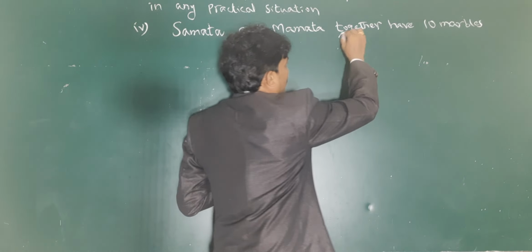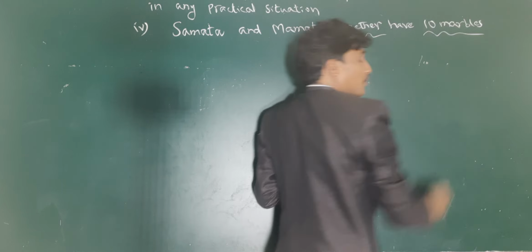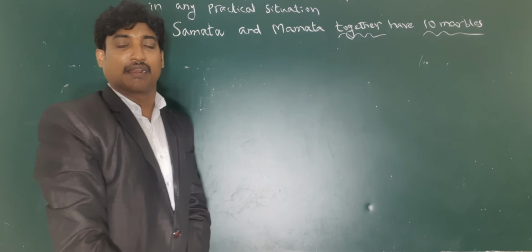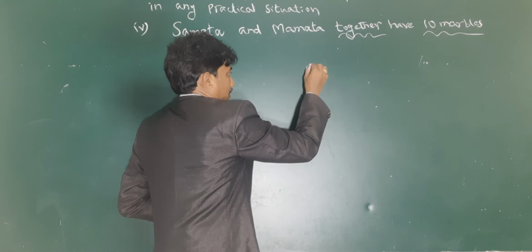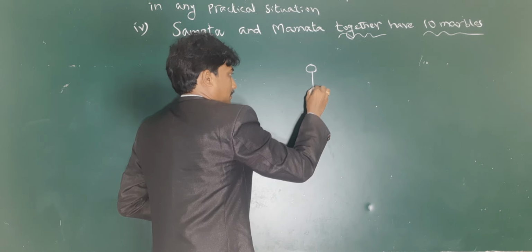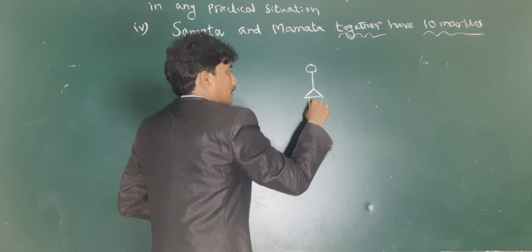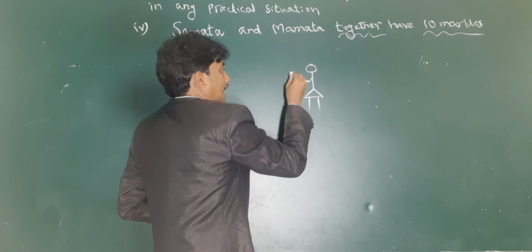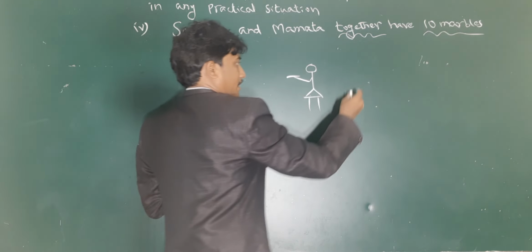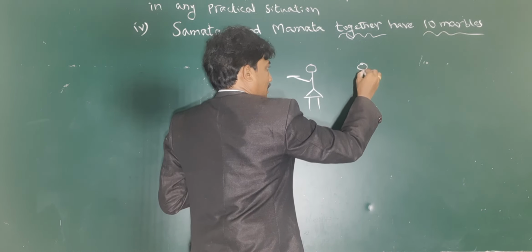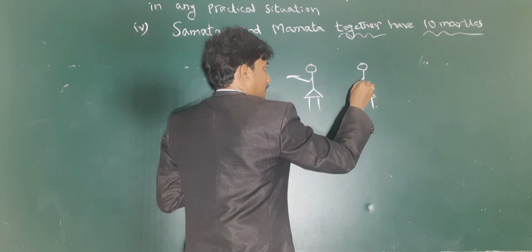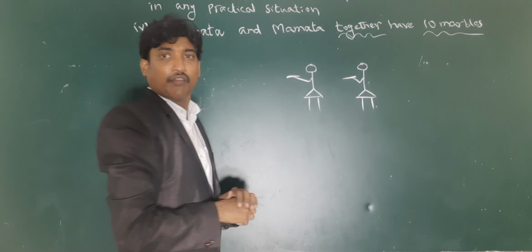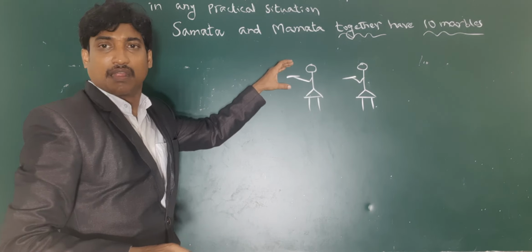Together they have 10 marbles. We don't know how many marbles are in each one's hand. Samata has some marbles in her hand, and Mamata has some marbles in her hand. We don't know how many marbles are in Samata's hand.